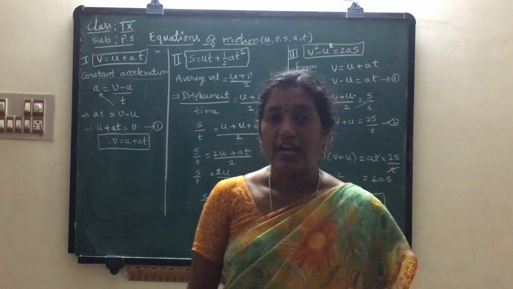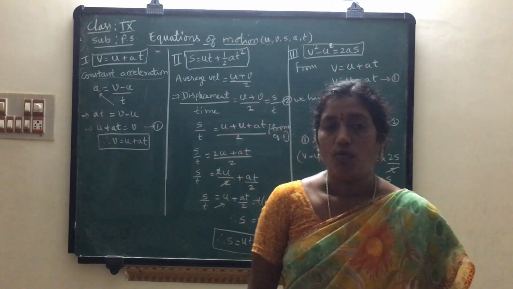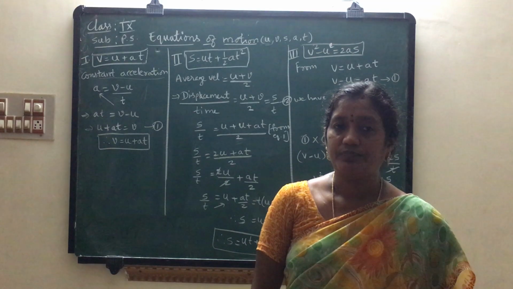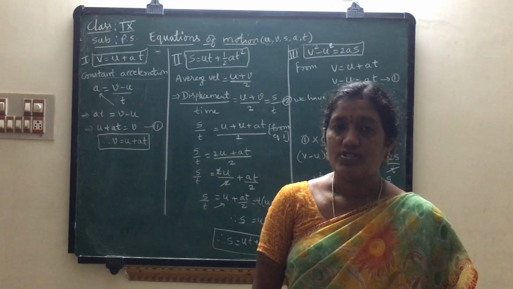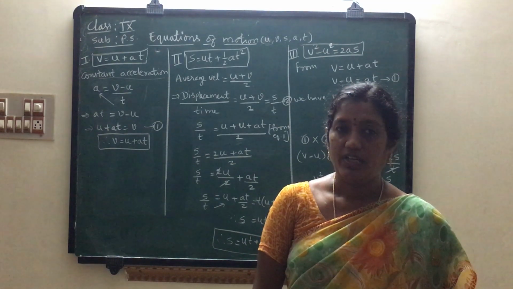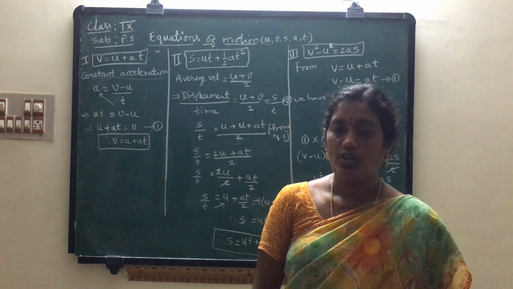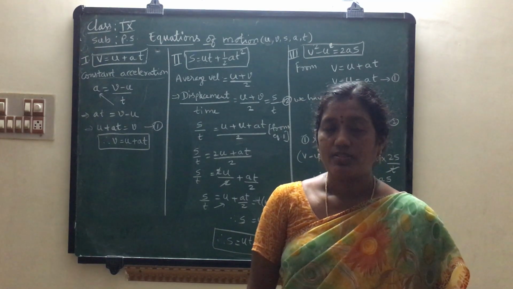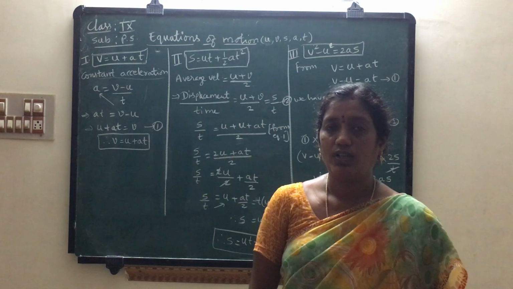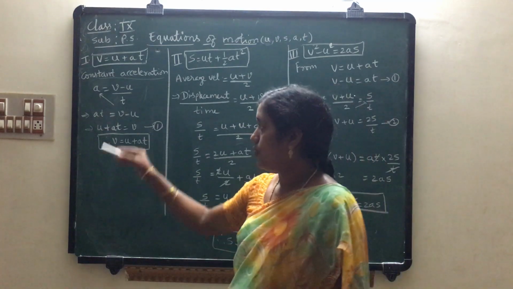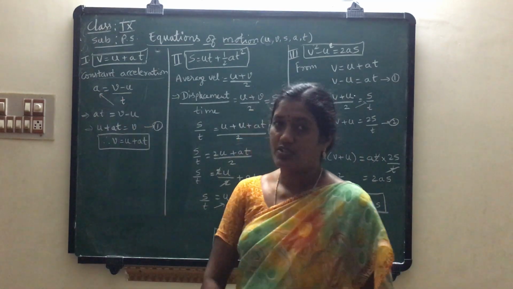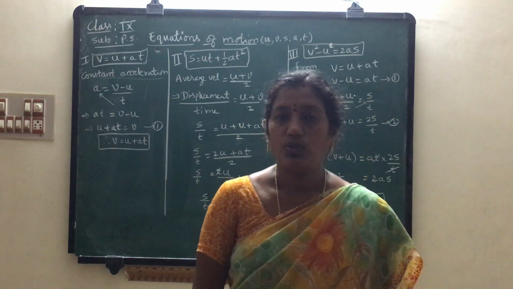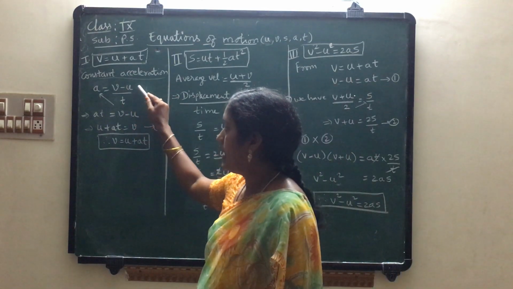Okay children, I told you in the previous class what acceleration is. It is the rate of change of velocity, or velocity by time is equal to acceleration. So from the definition of acceleration, a is equal to v minus u by t.